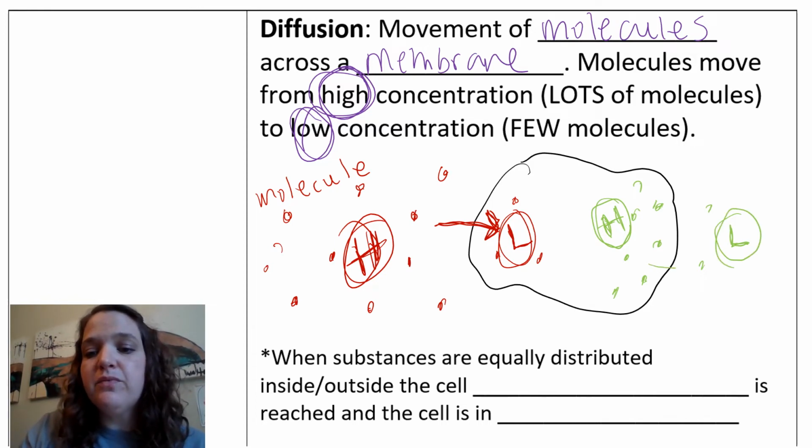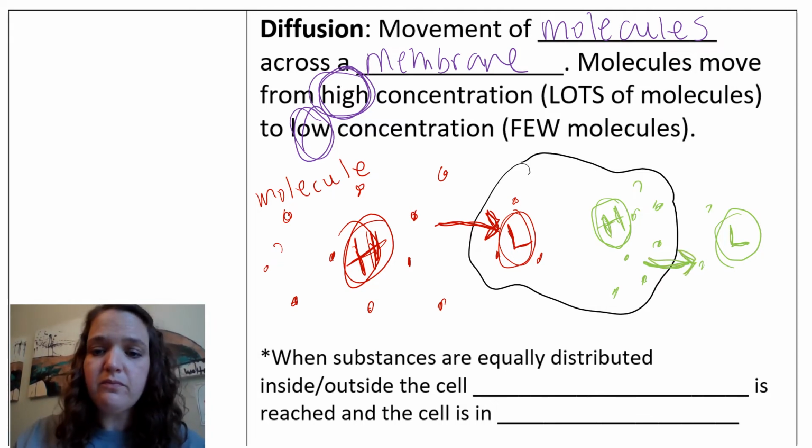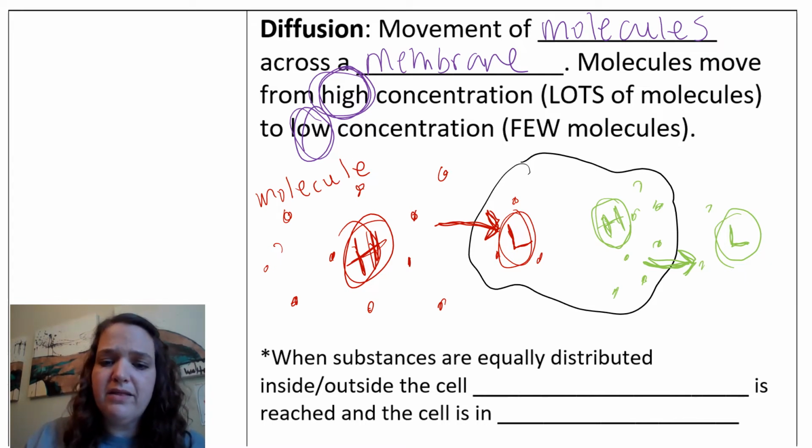This time, the molecules are going to move from inside the cell to outside the cell. When this happens, the substances are equally distributed inside and outside of the cell.